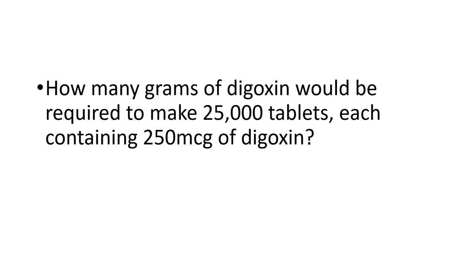Next, how many grams of digoxin would be required to make 25,000 tablets, each containing 250 micrograms of digoxin? So we have 25,000 tablets, each tablet equals 250 micrograms of digoxin.